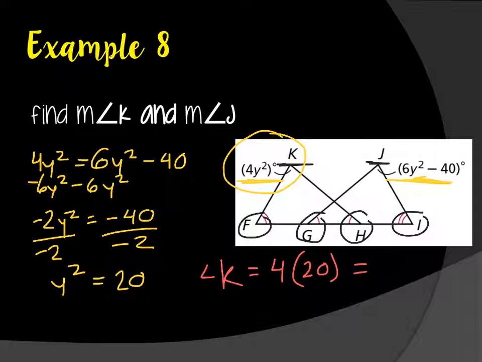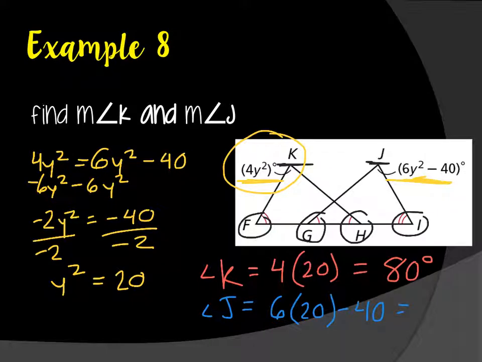What's 4 times 20? 80 degrees. And then to find angle J, we plug in 20 for y squared, so angle J is equal to 6 times 20 minus 40, which is 80. We know that they're congruent, so good thing we got the same thing.